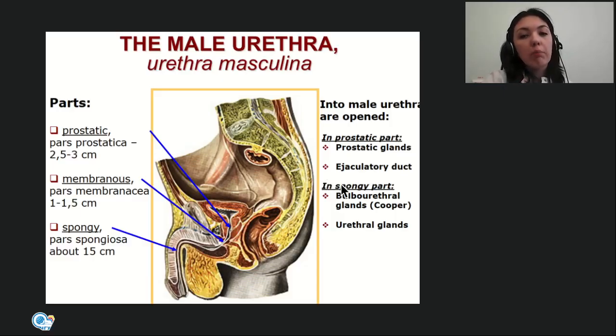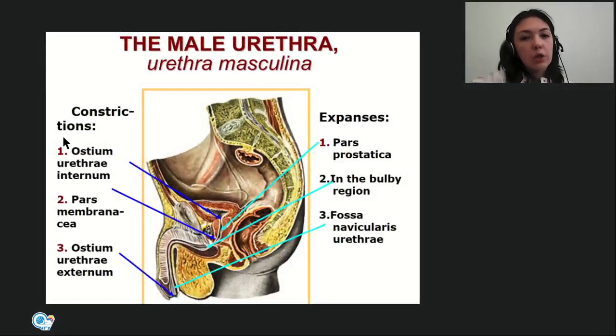Into the spongy part, the bulbourethral glands or Cowper glands, and also urethral glands are opened. Okay, so these are some peculiarities of the structure of the male urethra. We will discuss it in more detail when we study the male reproductive system at the next lecture.